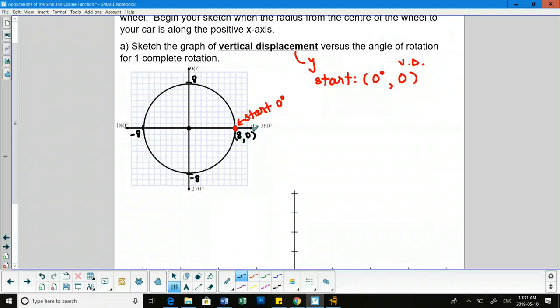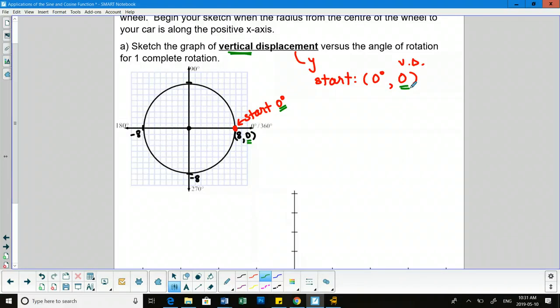Maybe I'll write out the points for you guys. This is the point 8, 0. So the y coordinate, what's that? That's the start. What I'm interested in is my start: my degrees will be my x, and because I'm tracking vertical displacement, my y coordinate at this point will be my vertical displacement over here.